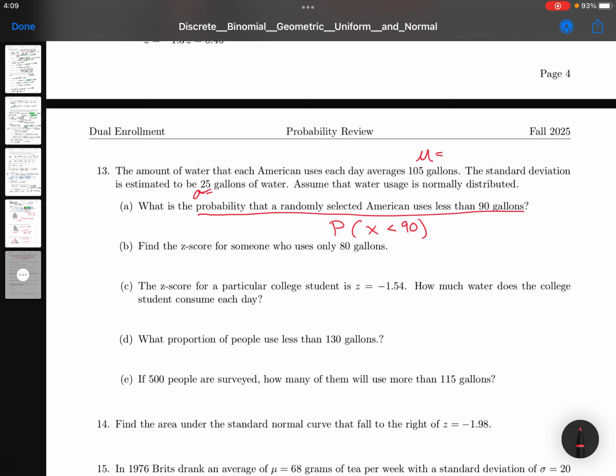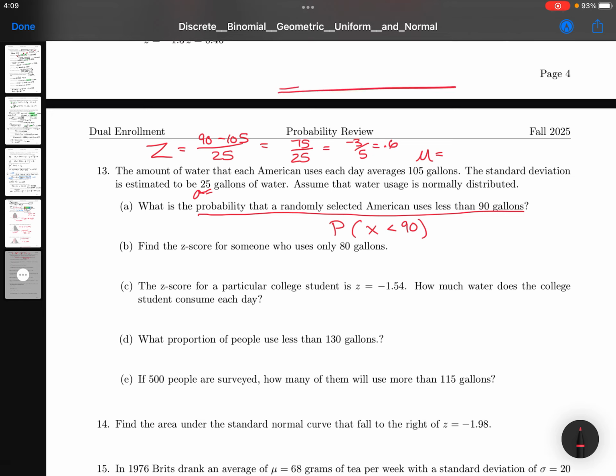Your lower limit is negative infinity, and your upper limit is 90 for x, or whatever your z-score is. All right, if you calculate your z-score, by the way, it would be 90 minus 105 over 25. Negative 15 over 25, right? That's negative 3/5, negative 0.6.